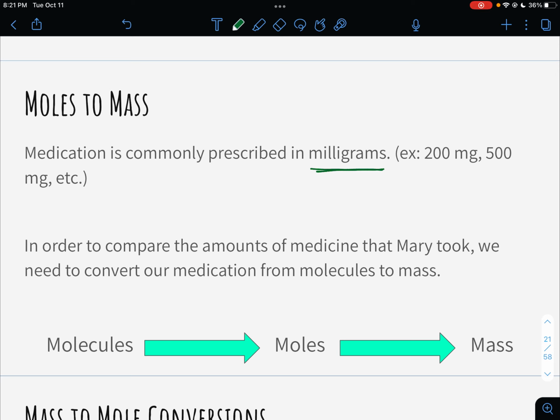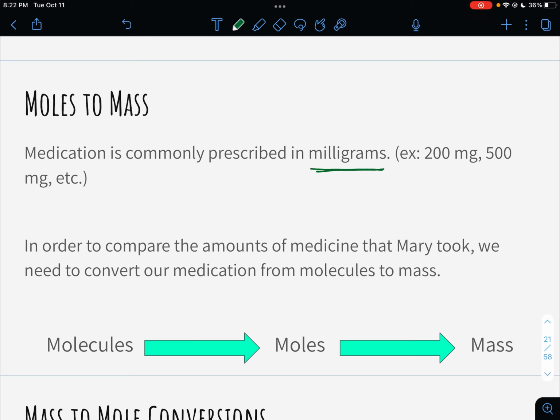We don't put moles and molecules on medication because it doesn't mean a lot to the average person. Most of you probably never heard of moles or molecules before you took this class. So it's not common words that people are used to. Mass, though, how much something weighs, is something that average people can grasp.